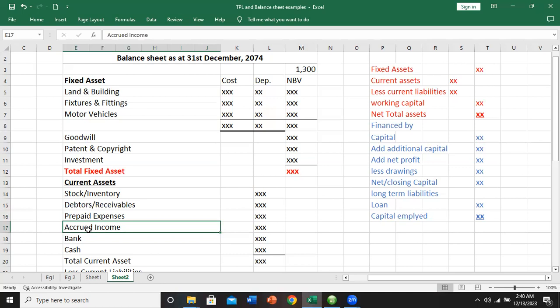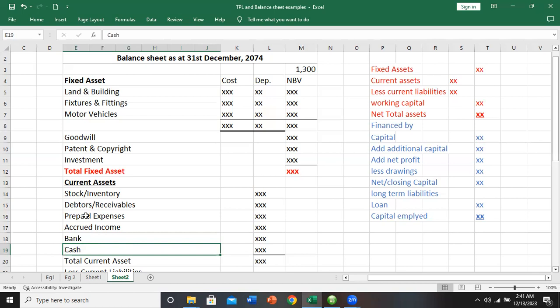And let's say for the year 2022, which is past, you were supposed to receive interest from the bank for your investment, let's say 1,000, but the bank has not paid it to you. You have to show in your balance sheet that you have that interest income which has not been received. Then the next one is your bank, money you have in your bank account, and the last one is your cash.